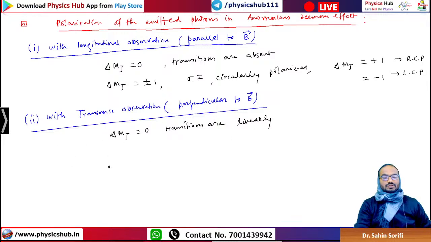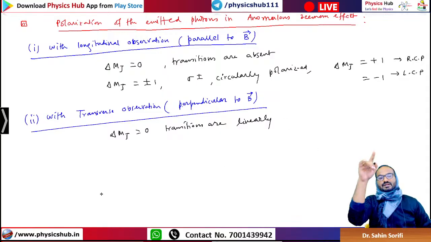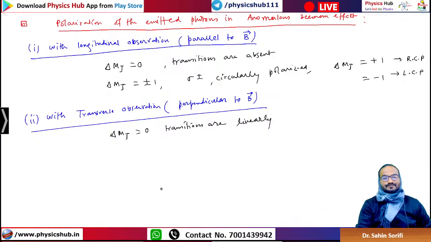You will see the language of the question: in which direction is it observed? Along the direction of the magnetic field or perpendicular to it? Only two options, either along the direction of the magnetic field or perpendicular, in three dimensions. We have already told you all three components will be linearly polarized. But delta mj equals 0 will be linearly polarized along which direction?